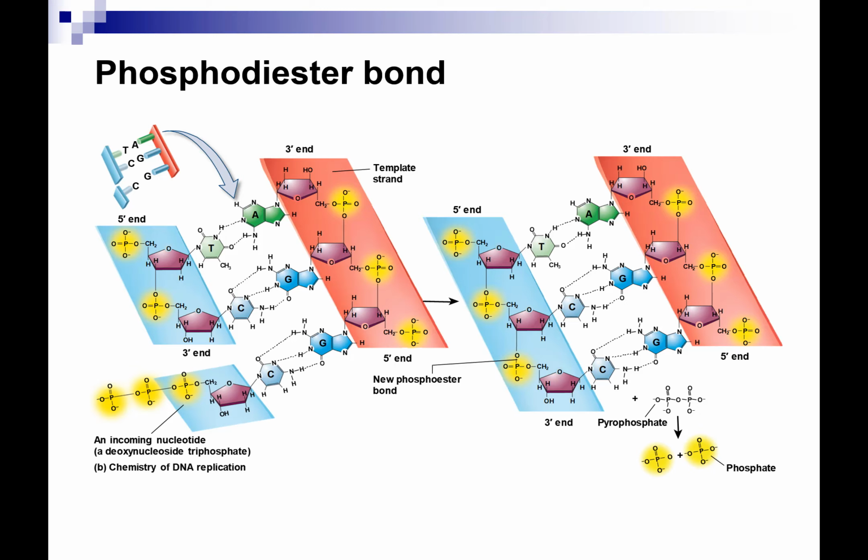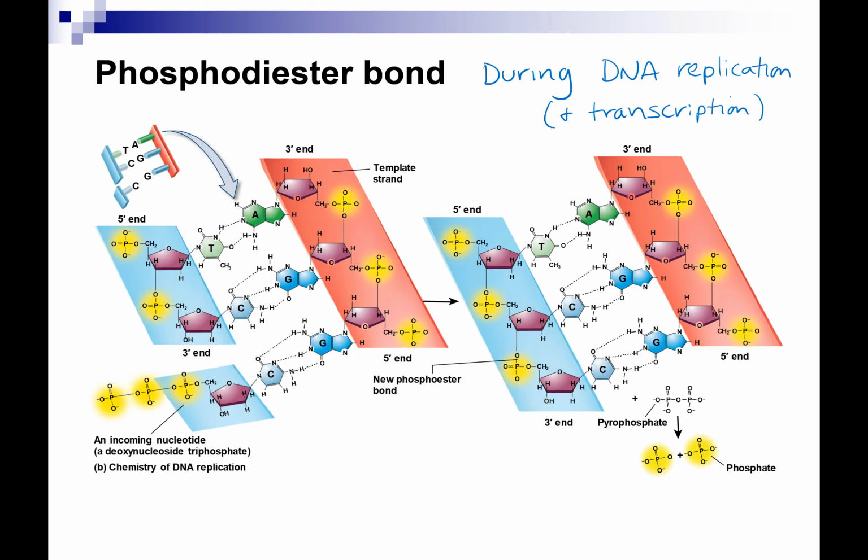These phosphodiester bonds are made during DNA replication, and during transcription by an enzyme called RNA polymerase. Okay, we're focusing on DNA, but I want you to know that this concept is exactly the same mechanism for RNA.